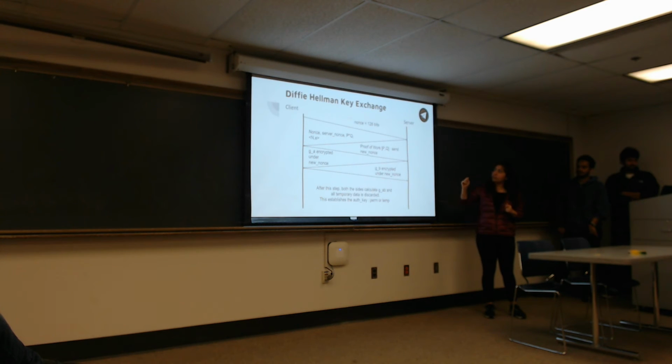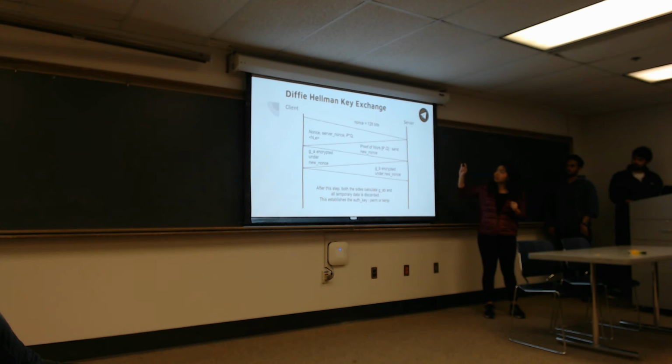The client performs something which is called a proof of work. Basically it factorizes the string p into q and derives two numbers p and q such that p is less than q. And this p is actually the mod p, the prime that is used in the g to the a mod p.